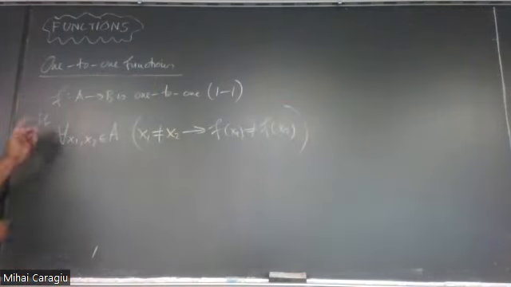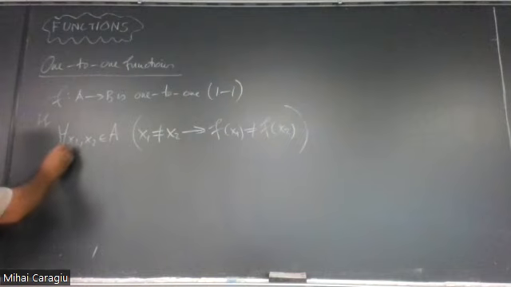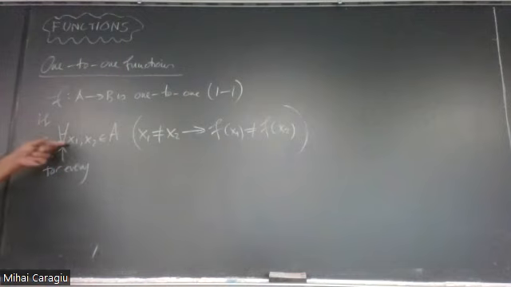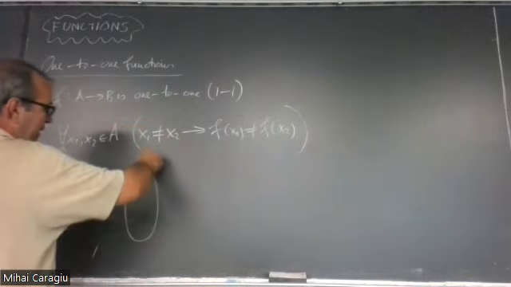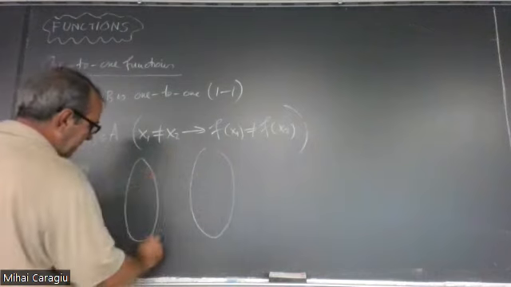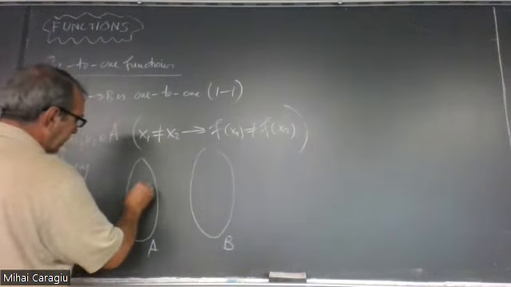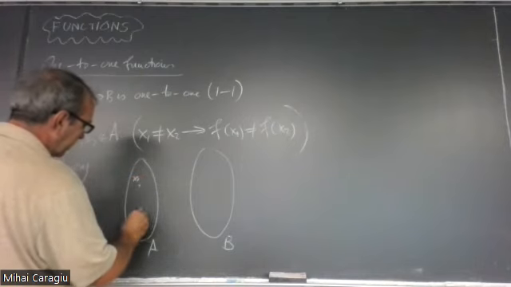This reverted A is read as "for every." It's called a quantifier. For every x1 and x2 in A, if x1 is not equal to x2, then f of x1 is not equal to f of x2. So the picture is like this. Let's think about the diagram back. This is A, this is B. So for every x1 and x2, we can get an x1 here, an x2 here.